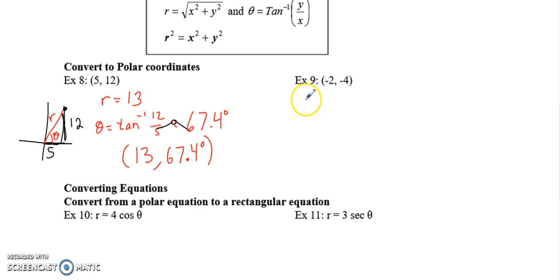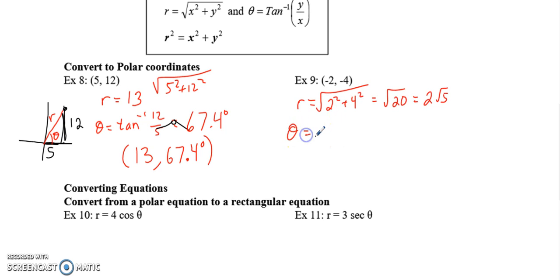Now how about this next one? So r is just the magnitude. So we could have done that here. We could have just went 5 squared plus 12 squared. But we know that one. Here, 2 squared plus 4 squared, square root of 4 plus 16. Yeah, let's simplify that.